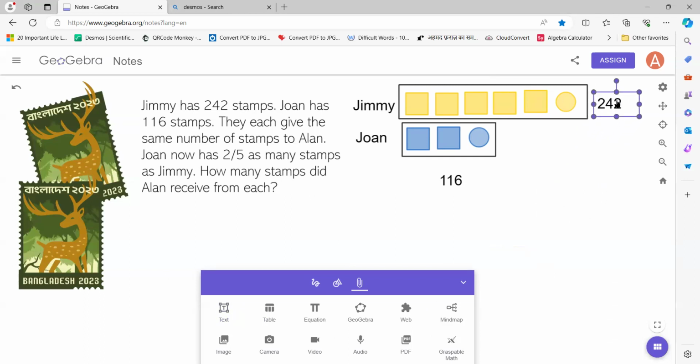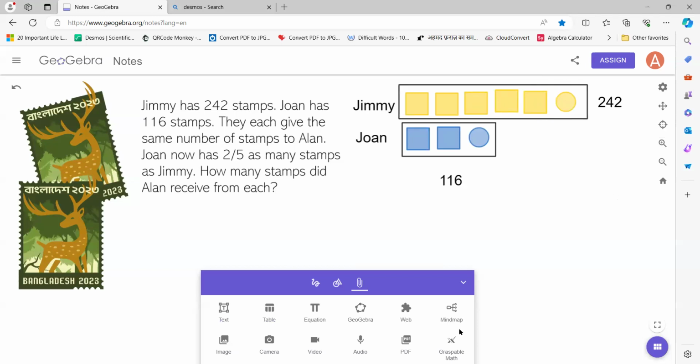Now, what can we do with the picture? Two squares and a circle all together represent 116 stamps. The same statement holds for the two squares and the circle here. With me so far?